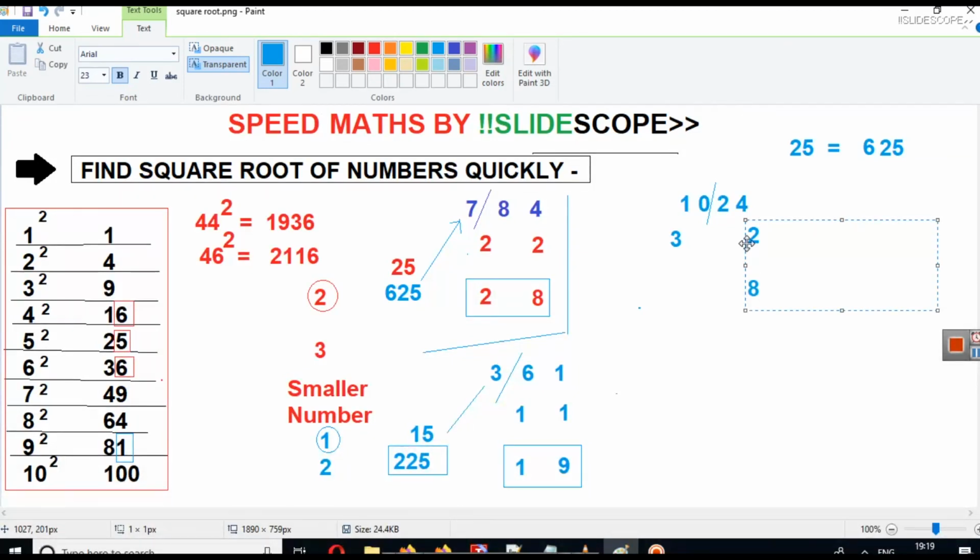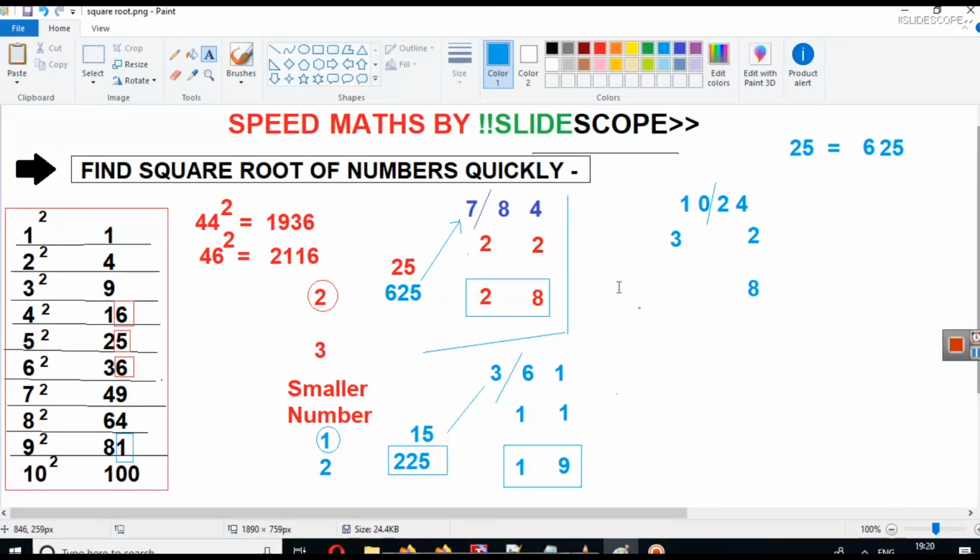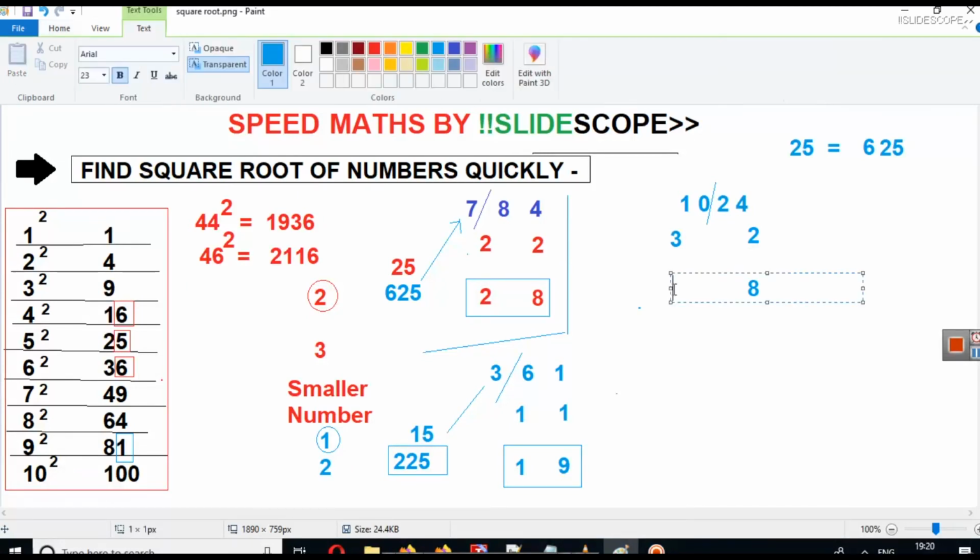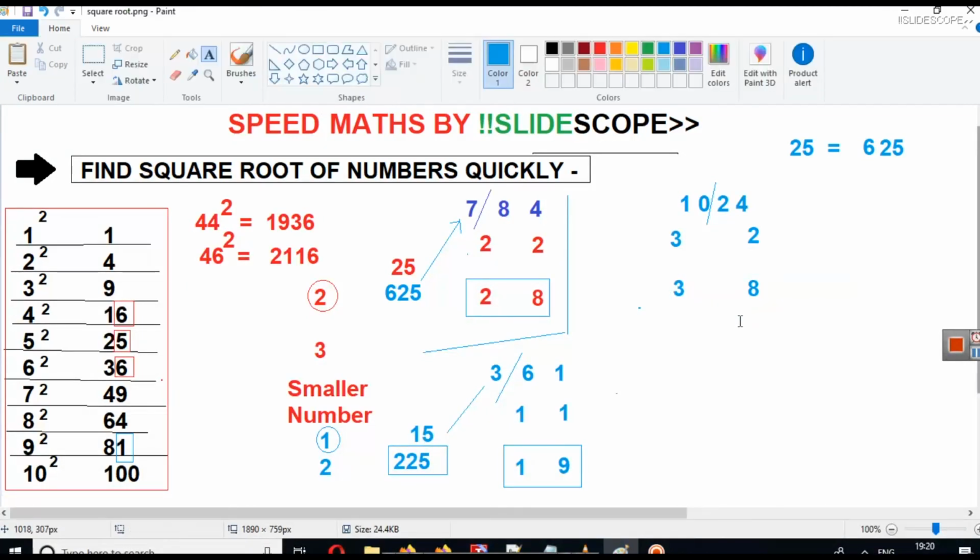When a number ends with 2 or 8, we have this, right? Now we have to find the square of 35, because either 32 is our answer or 38 is our answer.